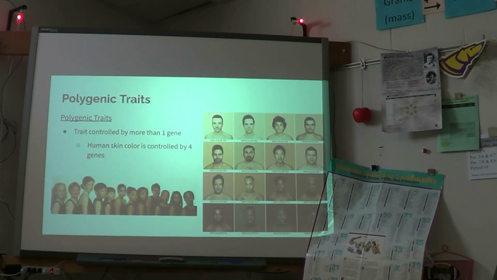Not necessarily, but chances are the lighter your skin is, the lighter your hair is. Again, not always. The darker your pigmentation is, generally the darker your hair is. There are some correlations between skin coloration and hair color. They are not always separate from one another, like we said with flipping a quarter, or yellow pea plants versus orange versus fruit.